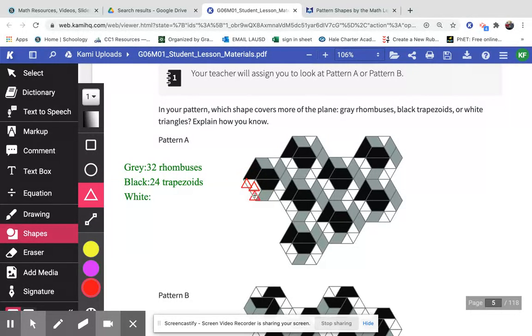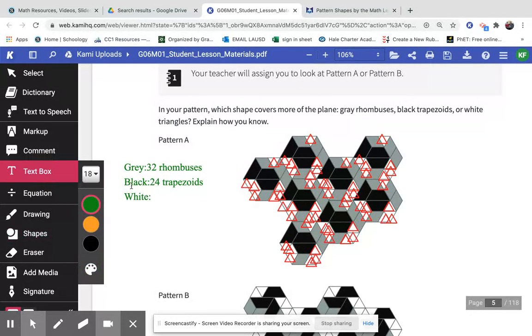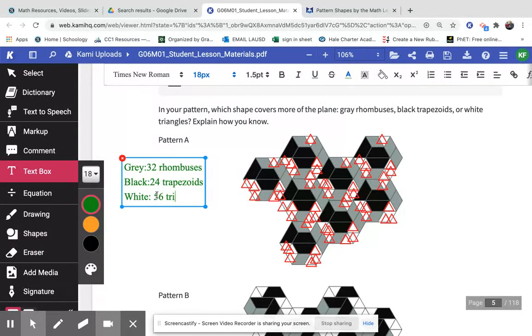1, 2, 3, 4, 5, 6, 7, 8, 9, 10, 11, 12, 13, 14, 15, 16, 17, 18, 19, 20, 21, 22, 23, 24, 25, 26, 27, 28, 29, 30, 31, 32, 33, 34, 35, 36, 37, 38, 39, 40, 41, 42, 43, 44, 45, 46, 47, 48, 49, 50, 51, 52, 53, 54, 55, 56. 56 triangles.